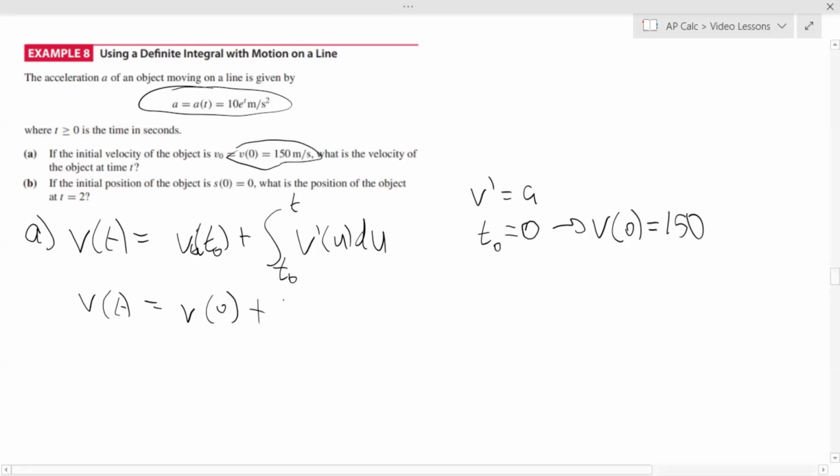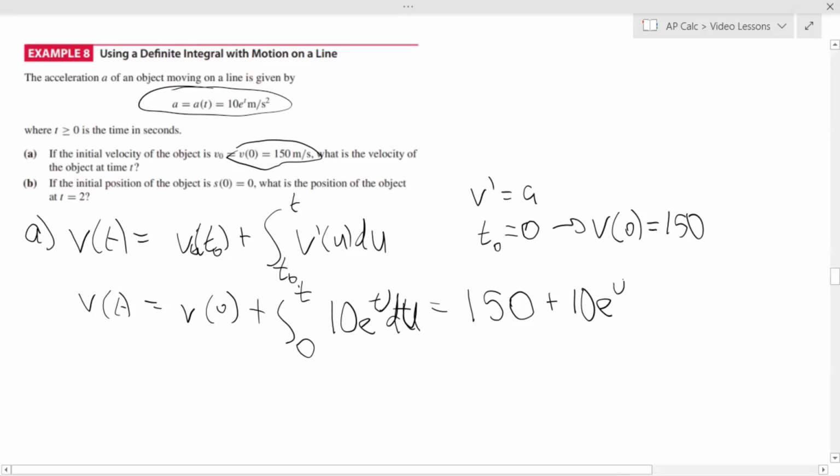So the integral from 0 to t of 10 e to the u du. So this is going to be 150, that's v of 0, plus 10 times e to the u evaluated from 0 to t. Those should have been u's; I accidentally wrote t's. So 150 plus 10 times e to the t minus 10 e to the 0.